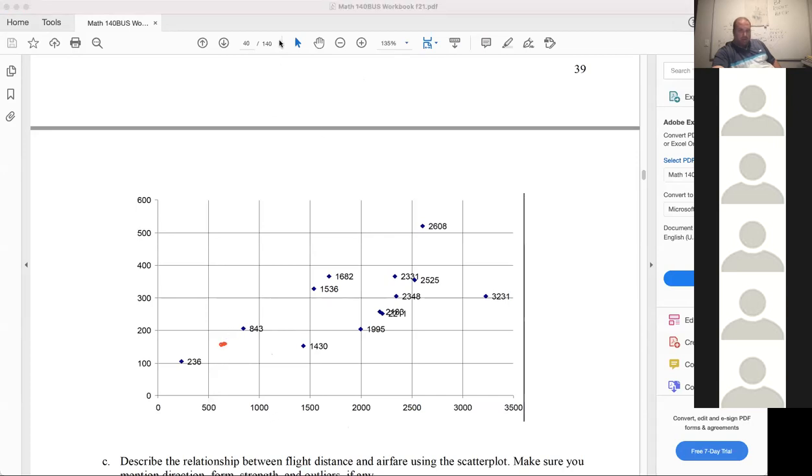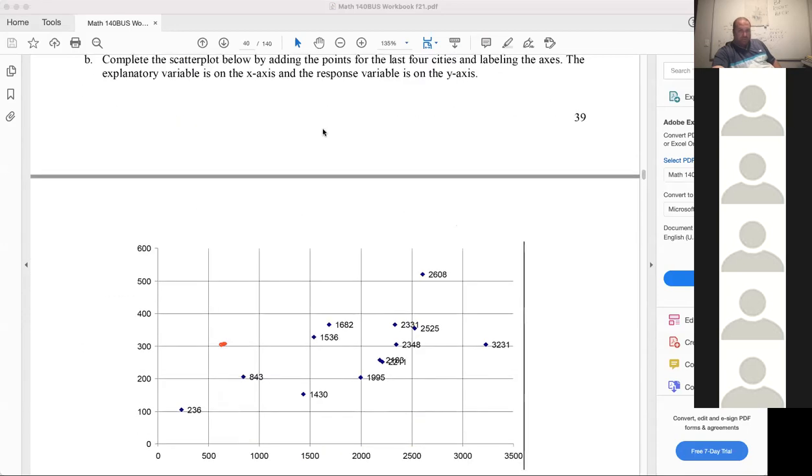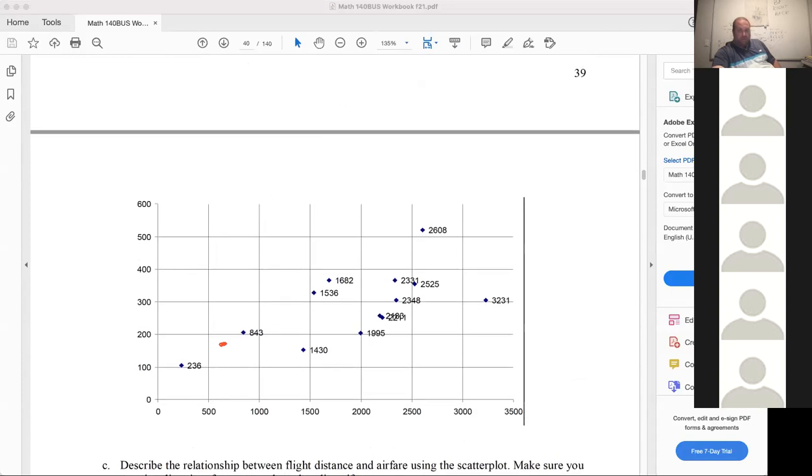The next one is 1482, 247, right beneath 1500.